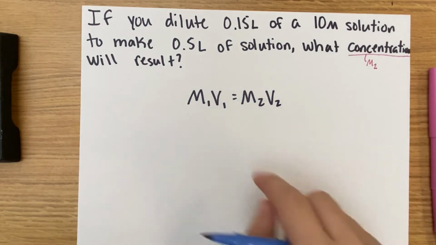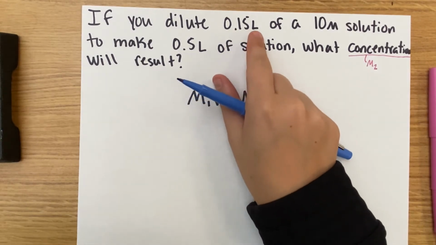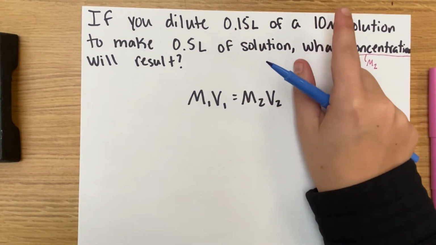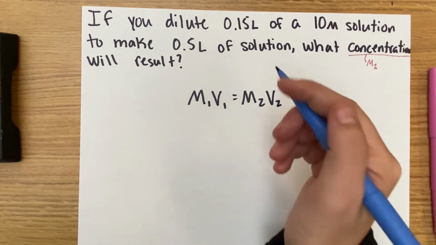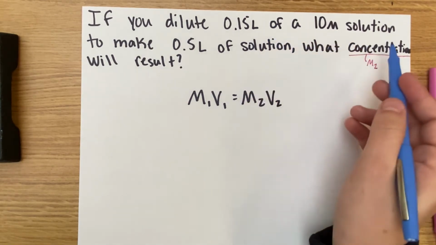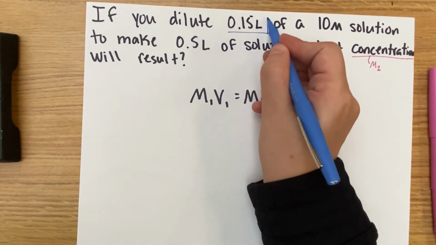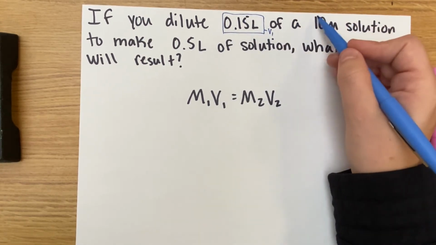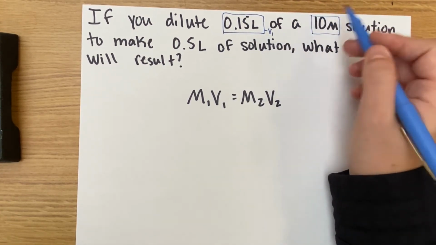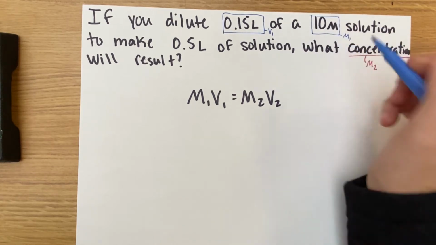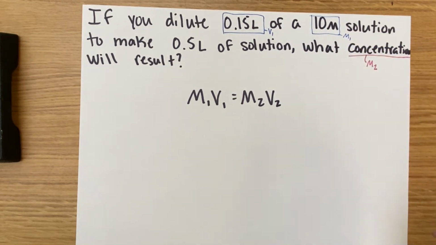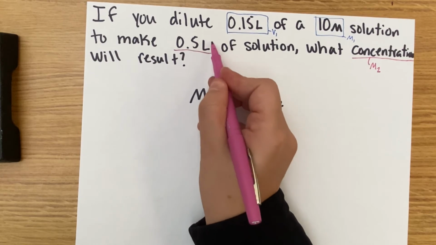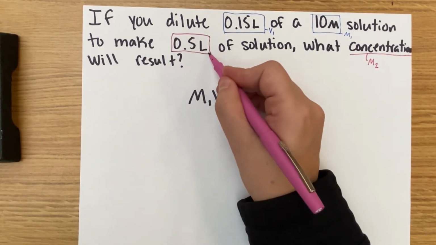It also says that we're diluting 0.15 liters of a 10 molar solution. So those are going to be our starting conditions. So that right there is going to be our V1, and 10 molar is going to be our M1. That leaves 0.5 liters to be our V2.